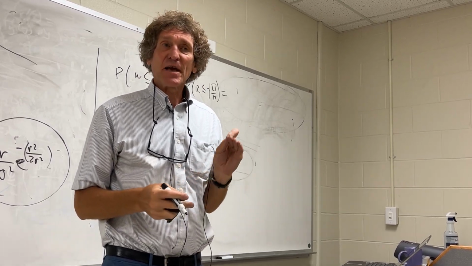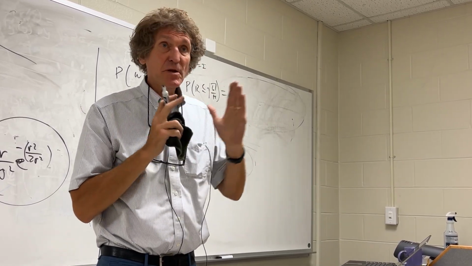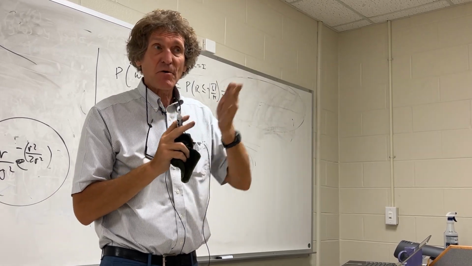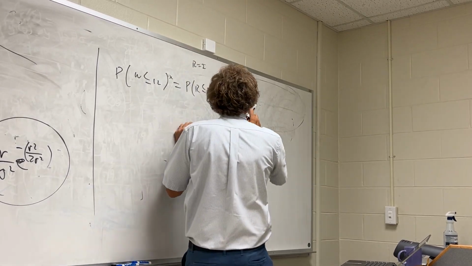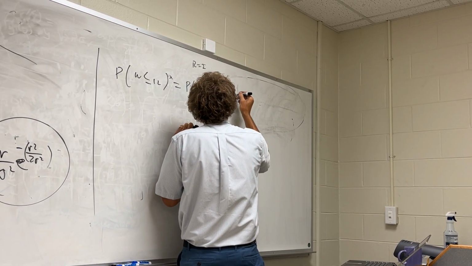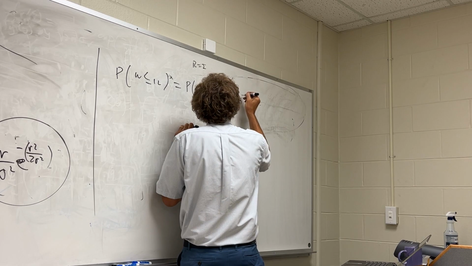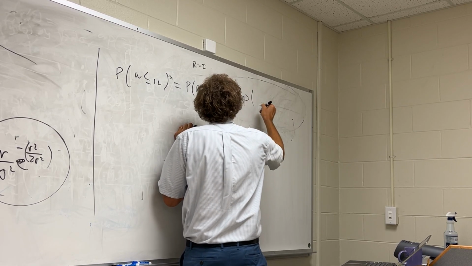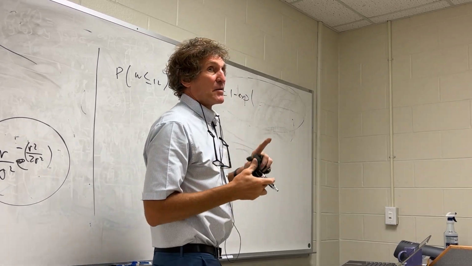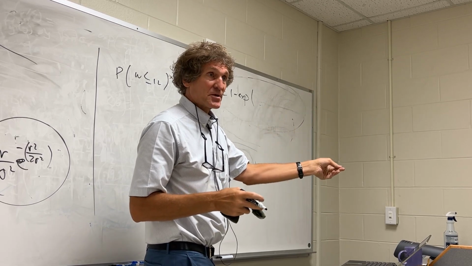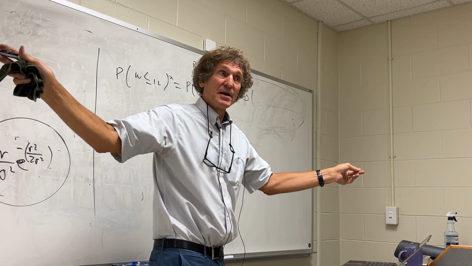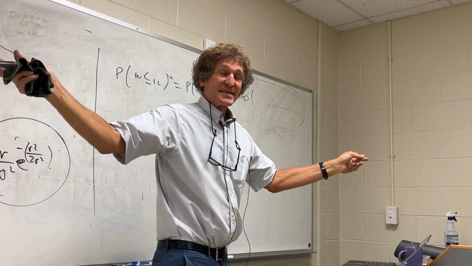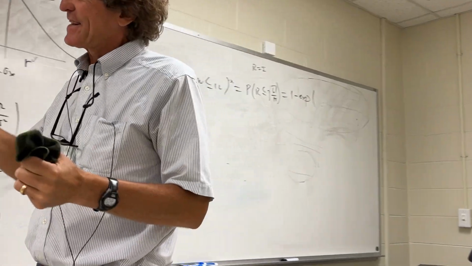I know I just gave you this, but remember, it's a cumulative density function, right? From 0 to that point. Give you a hint. 1 minus exp to what? Minus r squared over 2 sigma squared, right? And remember, that sigma is the sigma associated with the Gaussian that he didn't even talk about.